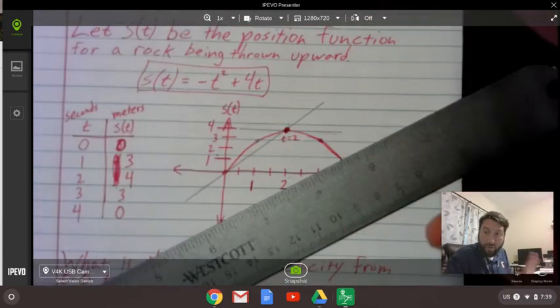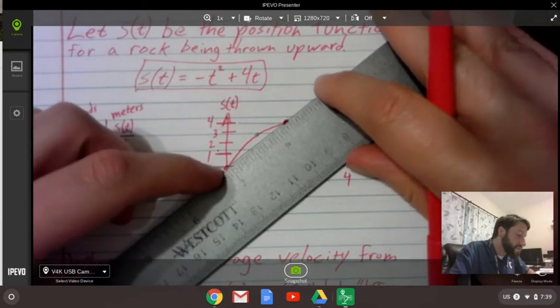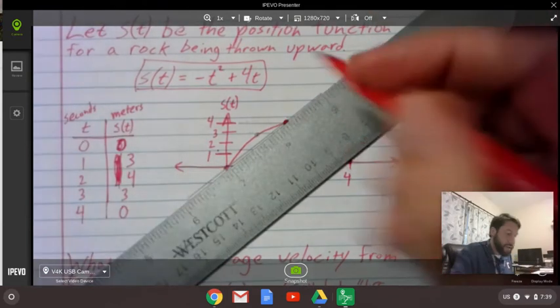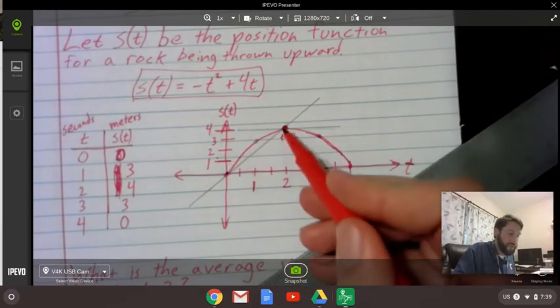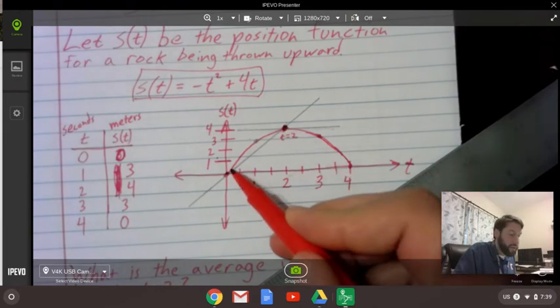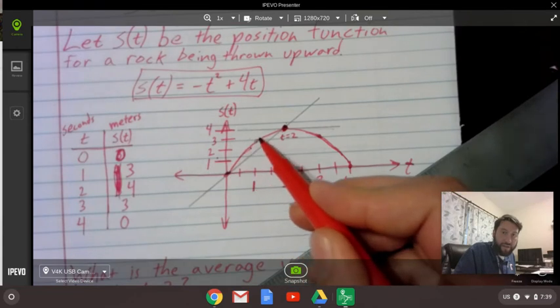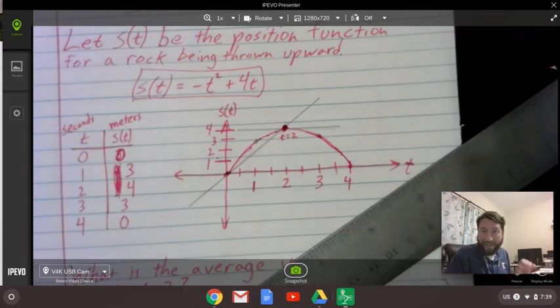This is the crucial idea here. This secant line, as I move this point closer to this point I want to know the instantaneous velocity. I'm not going to move this point. I want to see what happens as another point gets closer and closer to it.